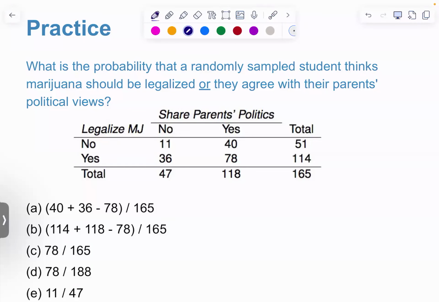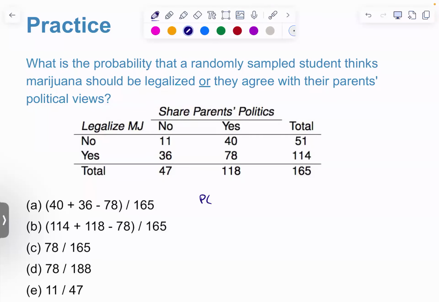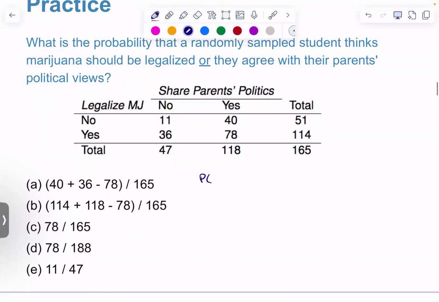If we were to write this out, this is the probability of... can I summarize this as legalize and the complement of legalize, which is not legalize?